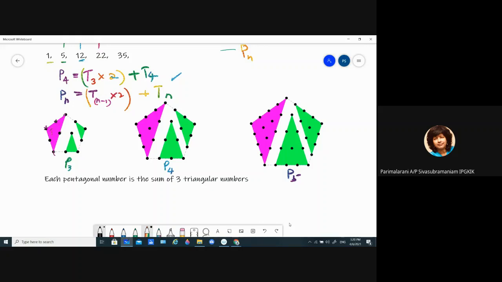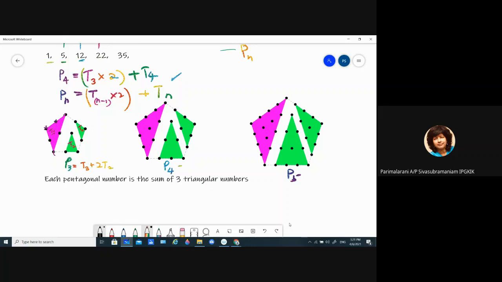So this is T3. The green triangles are T2, term 2, because there are only 2 dots on each side. Correct? So pentagonal number 3 is equivalent to T3 plus 2 of T2. Correct?